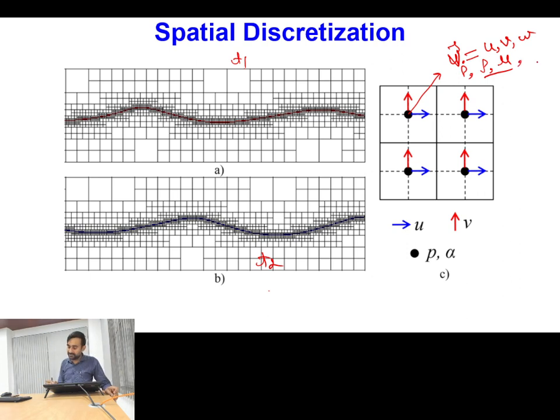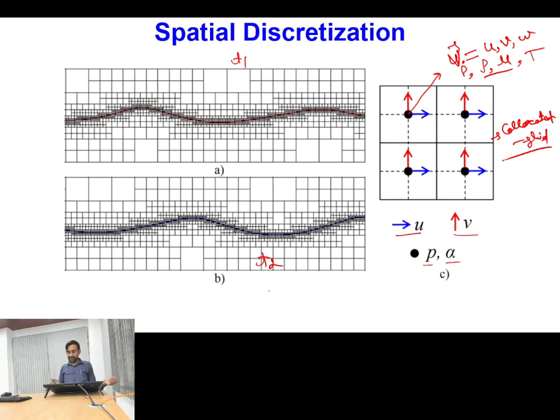And of course, if heat transfer is involved, then temperature is also there. In this grid structure, the x component is shown with a blue arrow, the vertical component with a red arrow, and the black dot shows pressure and volume fraction, which are scalar quantities. If all are stored at a single point, then we call our grid a collocated grid arrangement.